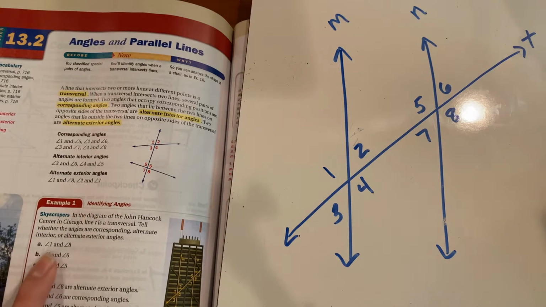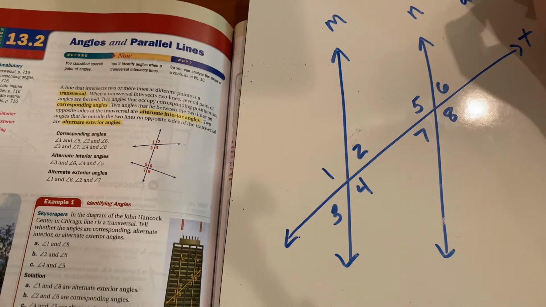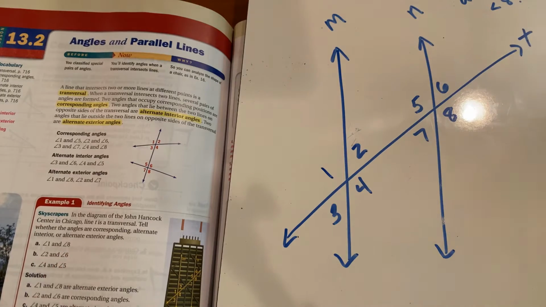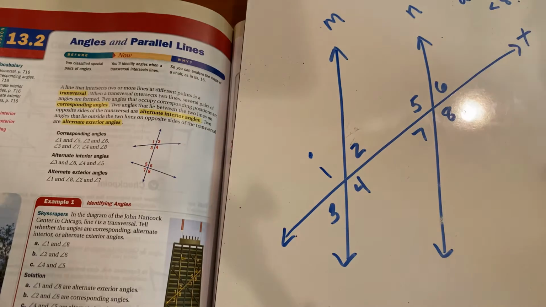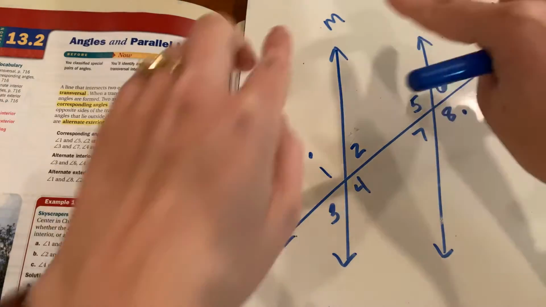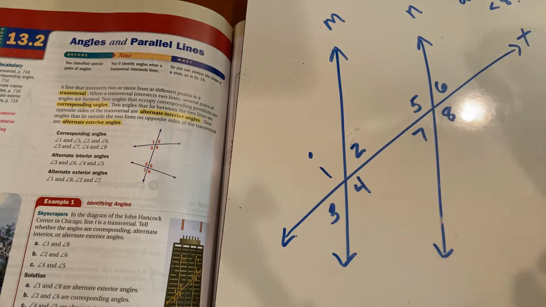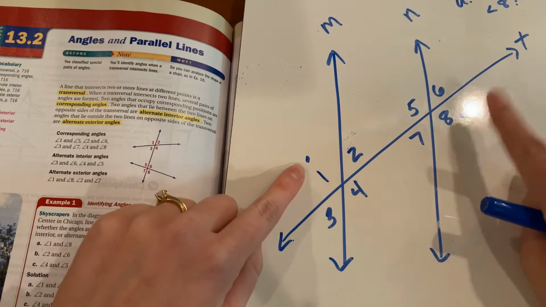So question A says, what are angle 1 and angle 8. Again, when they just say A, they're asking what are those two angles. All right, so we have 1 and 8. Step 1 is to notice they're both on the outside of our lines. We have our interior angles that are sandwiched between M and N, and then we have our angles that are on the outside of M and N. We notice that 1 and 8 are on the outside.